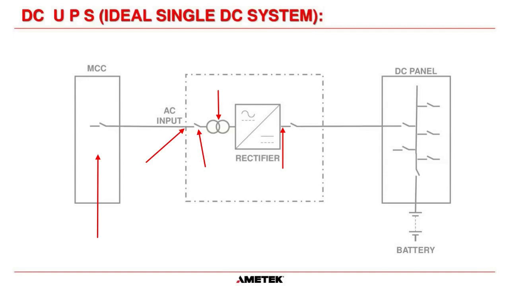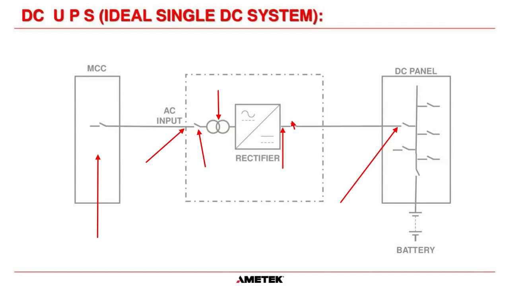And then on the output of a charger, right here, sorry, there's going to be a DC output breaker, another way where you can isolate within the charger itself the power going out to your DC panel. So therefore, your cables go out to your DC panel, and what you're going to have is a breaker on the DC panel that will probably say charger input breaker to the DC panel.